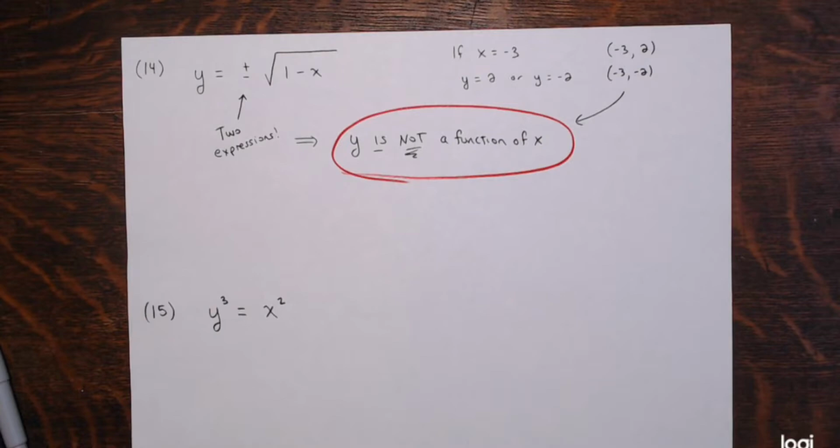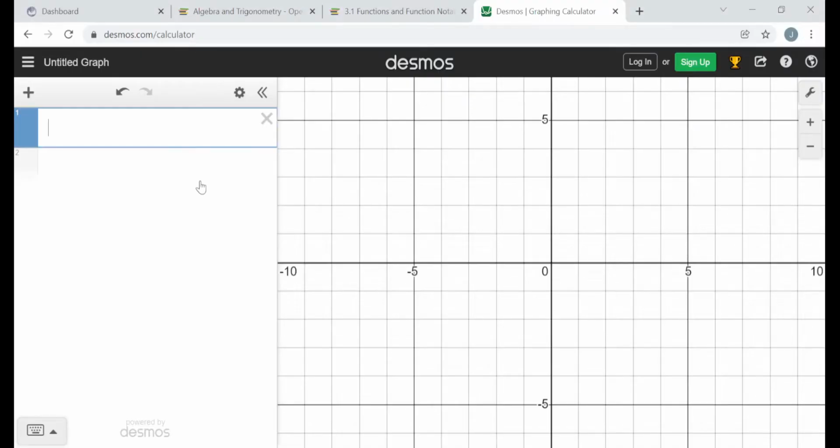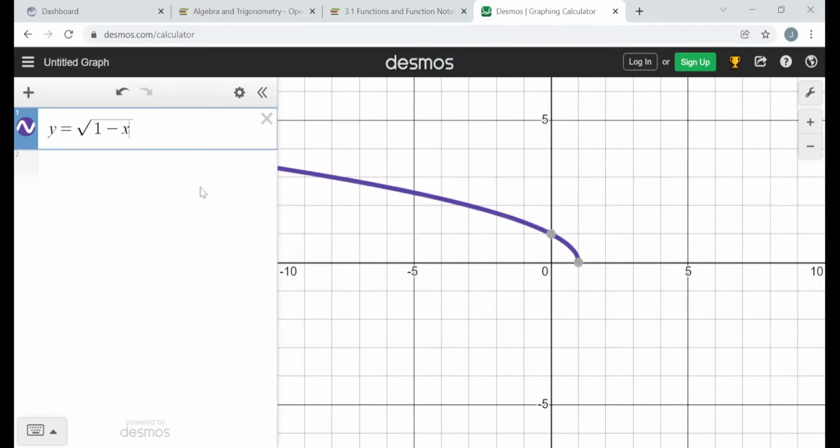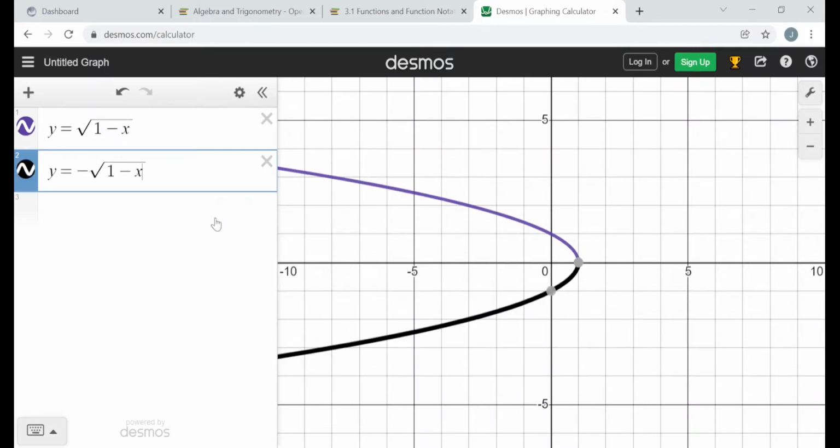All right, and then once again, going back here, now you have to enter them separately. I don't think you can put the plus or minus symbol in. So I have to do one with the positive and then one with the negative. Plus square root of 1 minus x, minus square root of 1 minus x. And you're seeing this.